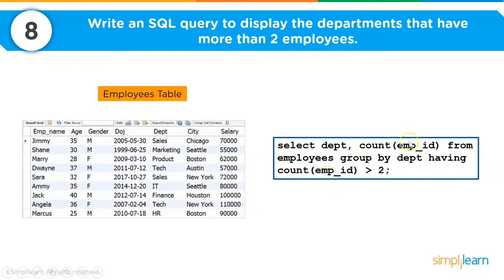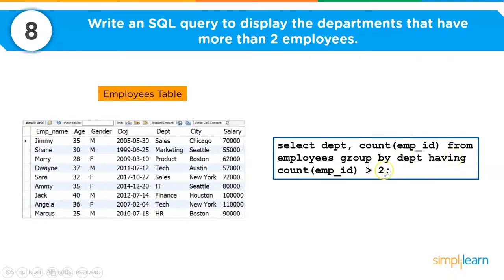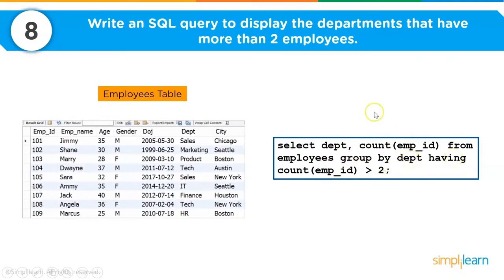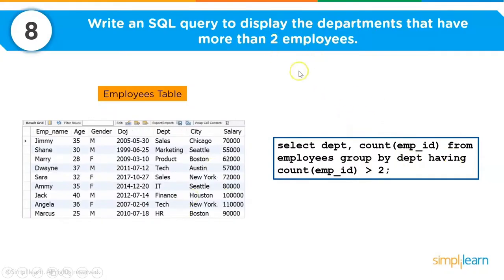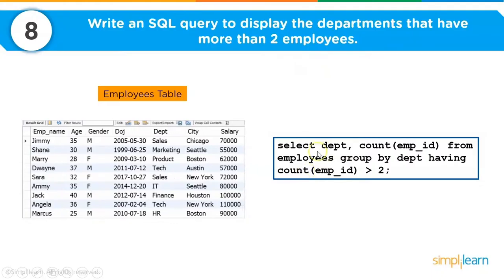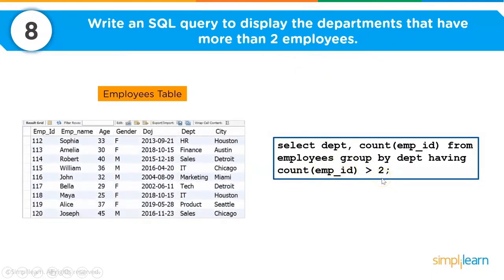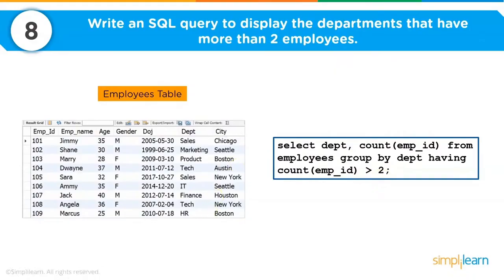So here we are using both group by and having. Now I am grouping by department because I want to display the departments that have more than 2 employees. Now for the second filter, I am using the count function of the employee IDs and checking if the employees in each department are more than 2 or not.